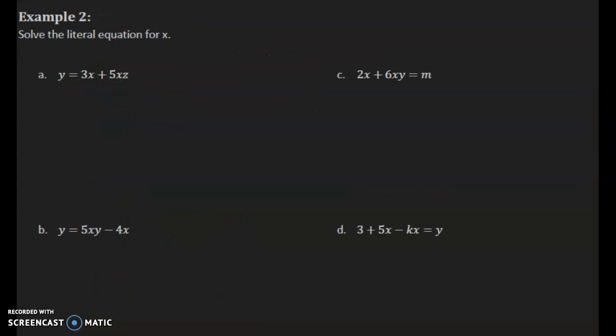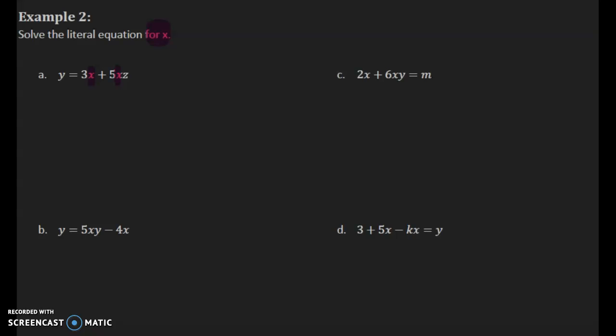Let's go ahead and look at example 2. We're solving the literal equation for x. So let's go ahead and highlight the x. So in 2a, we're going to highlight x, and I hope you notice that we've highlighted twice. X appears in 2 locations. So what we're going to do, for now, we're going to refer to as undistributing.